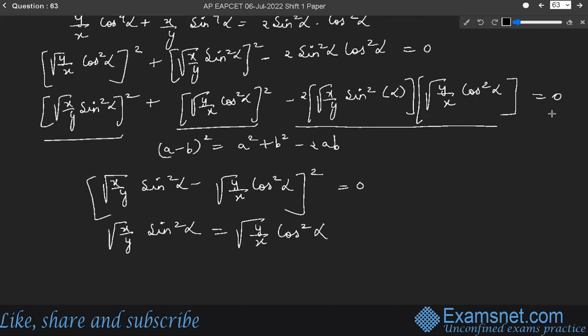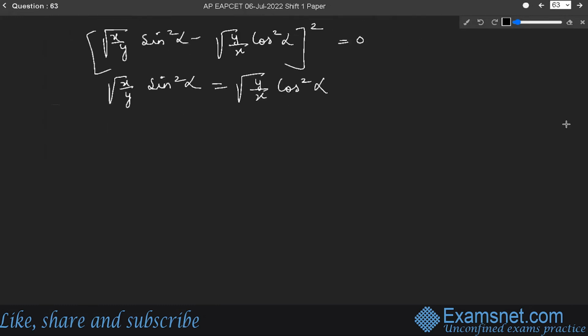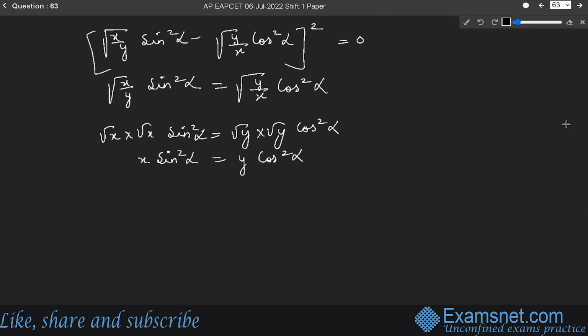Because its square is equal to 0, the single term will also be equal to 0. Therefore, √x into √x into sin²α will be equal to √y into cos²α. So it becomes x sin²α = y cos²α. So x sin²α / cos²α is equal to y.